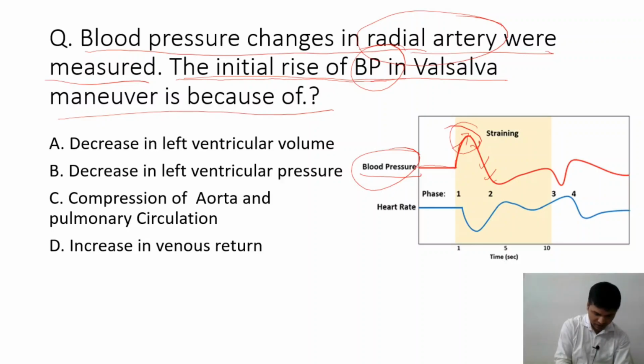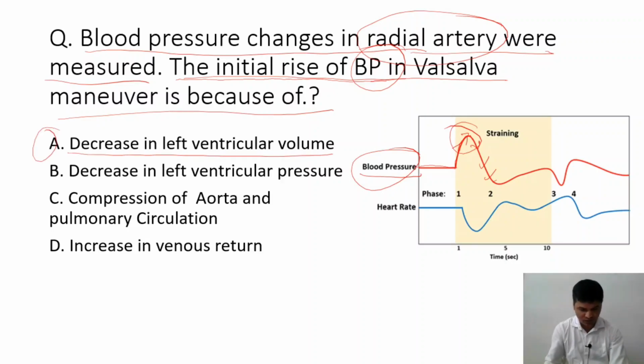But let's see the answer options. The first is decrease in left ventricular volume. No, left ventricular volume will actually increase because you are increasing the intrathoracic pressure, so blood from the lungs will drain more and more to the left side of the heart. So left atrium, left ventricle pressure will increase, so this is not the answer.